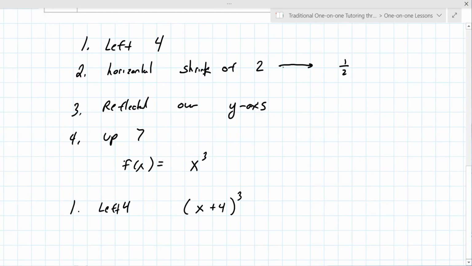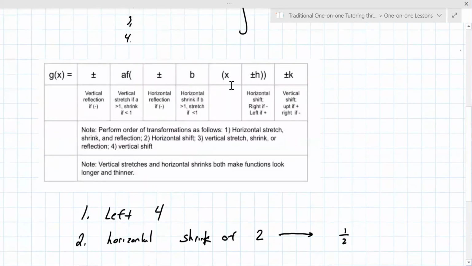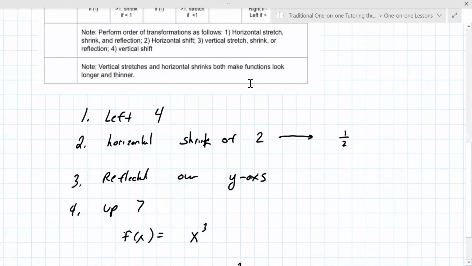The horizontal shrink of 2 is 1/2 x plus 4. But see how I added some extra parentheses here? Because if you go back to your picture here, this b is on the outside of these parentheses from the left or the right shift.